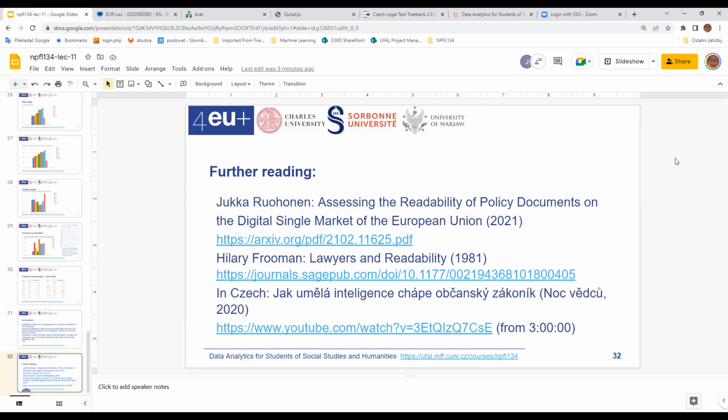To return back to the main point, this is language dependent. It was all first done for English, and when you apply these English coefficients to other languages, it would also measure something, and very likely the ranking would be okay.